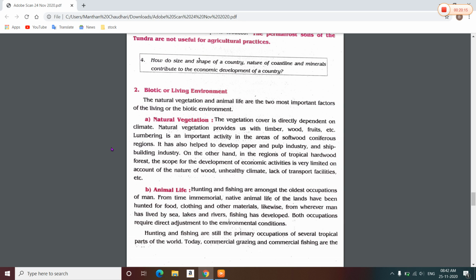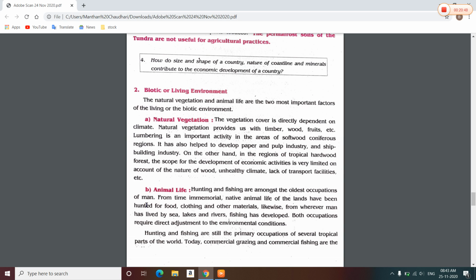It is a very important factor in the paper and pulp industry, shipbuilding industries, etc. So softwood has a large demand in the world market. On the other hand, the hardwood variety has less demand in the market.